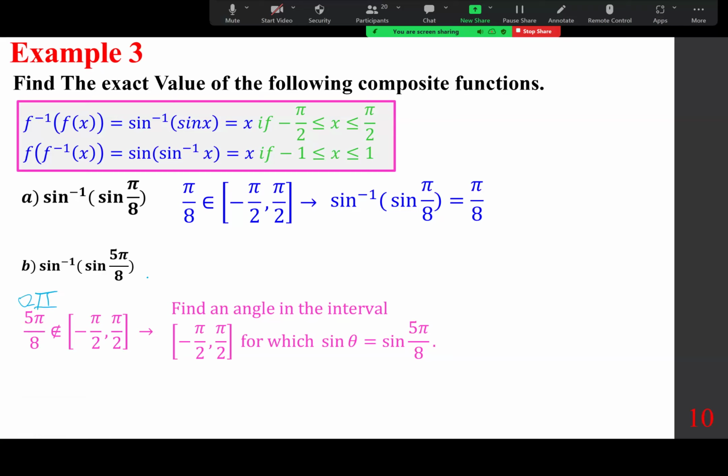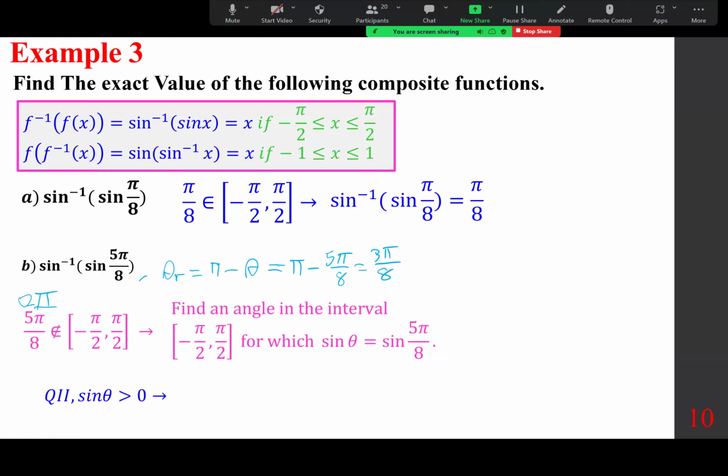And in quadrant 2, the reference arc is pi minus theta. So that makes it pi minus 5 pi over 8, which gives you 3 pi over 8. So that's the answer.